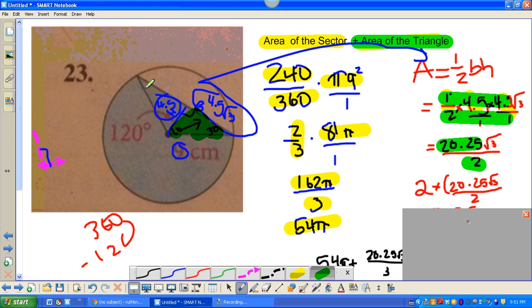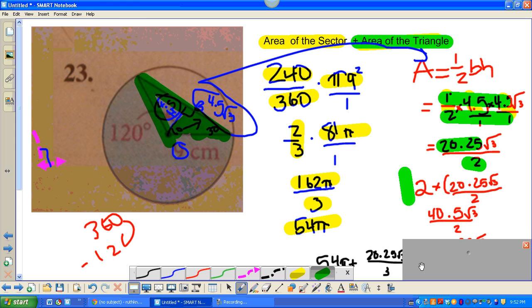If I need to find the area of this whole region, I have to double that. So that's what I did here. I'm doubling it, and 2 times 20.25 is 40.5. 40.5 divided by the 2 gives me 20.25 root 3 over 3.